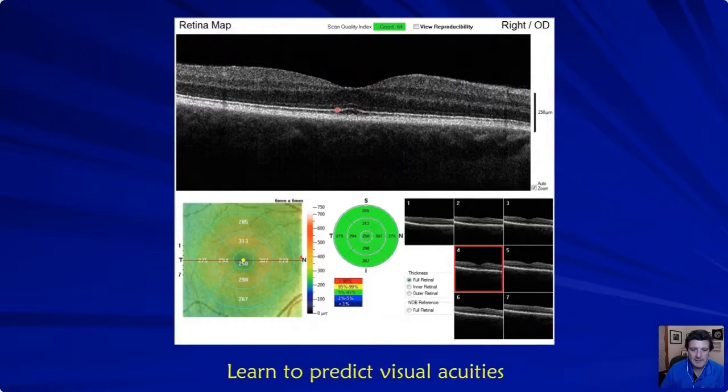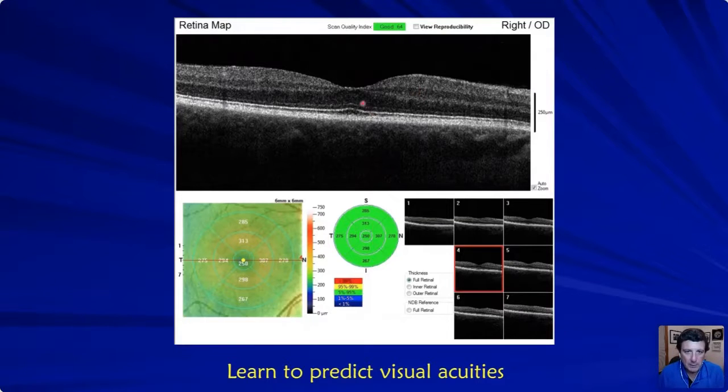But with that being said, you can learn to predict acuities. I wouldn't expect poor acuity in this area based on the external limiting membrane, that myoid zone, the ellipsoid zone, that outer segment, and then how this is looking down here at this RPE complex. Unless there's a cataract, this patient should be 20/20 or better, right?